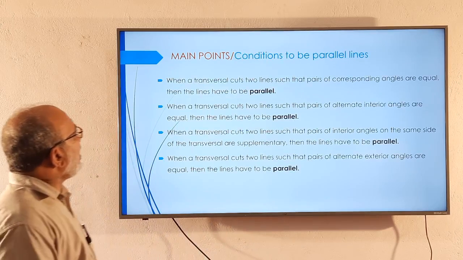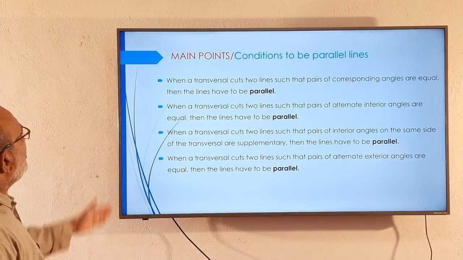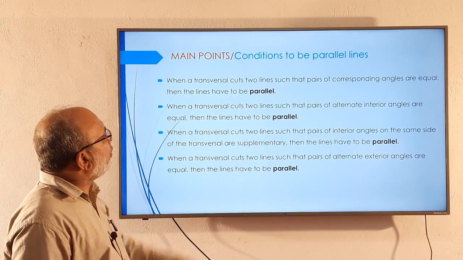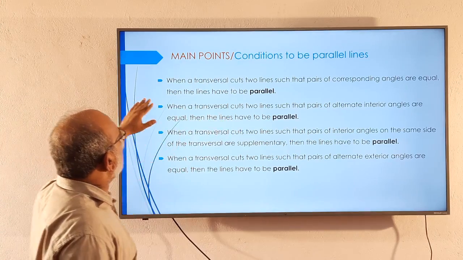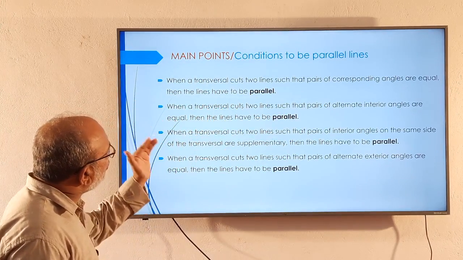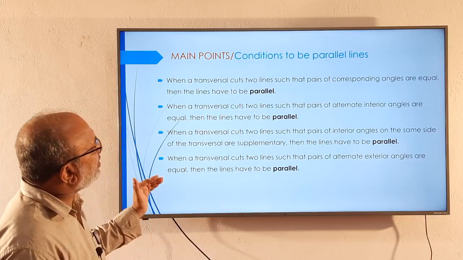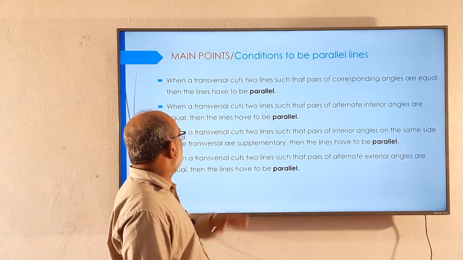Okay. Next, conditions to be parallel lines. The points we have learned today: when a transversal cuts two lines such that pairs of corresponding angles are equal, then the lines have to be parallel. When a transversal cuts two lines such that pairs of alternate interior angles are equal, then the lines have to be parallel.